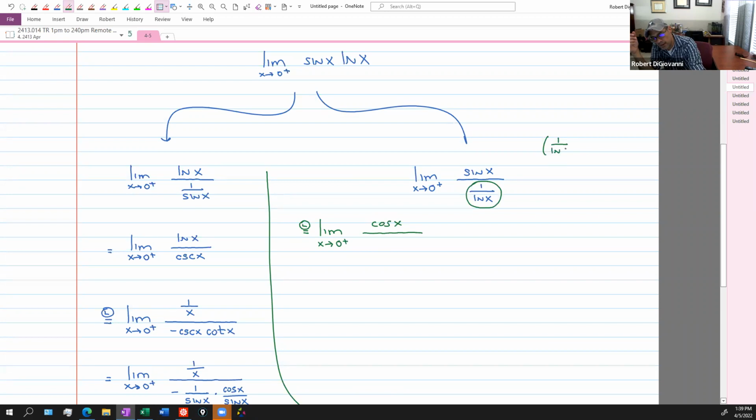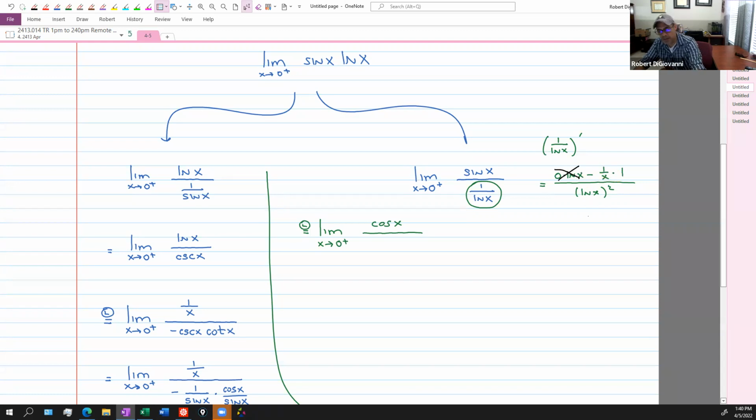1 over natural log x. Let's do the derivative. So you start with the derivative of the top, right? I'm running the quotient rule here. Derivative of the top is 0 times the bottom minus the derivative of the bottom. Derivative of the bottom is 1 over x times the top, which is 1. And then all over the bottom function squared. 0 times natural log x goes away.